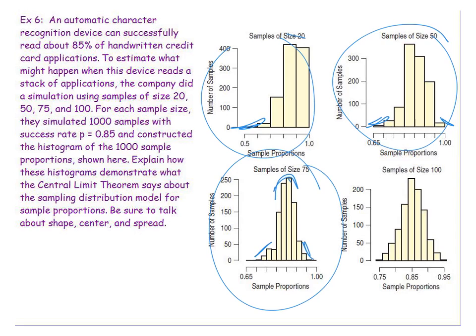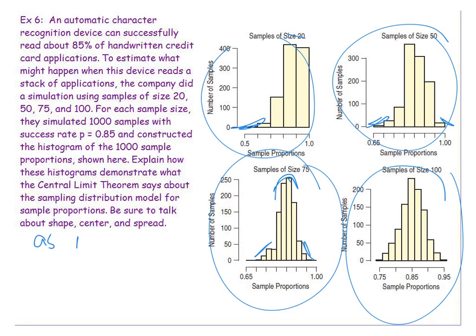And then finally, the sample size of 100. Now you should start to see the bell-shaped curve. You should see that it's looking much more symmetrical on both sides instead of heavy on one side. So this describes exactly what the central limit theorem says.